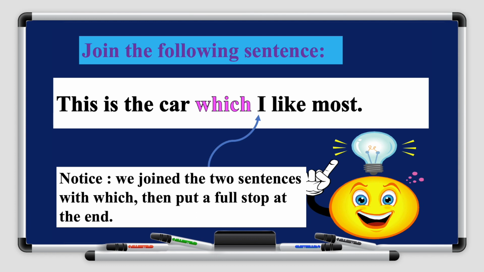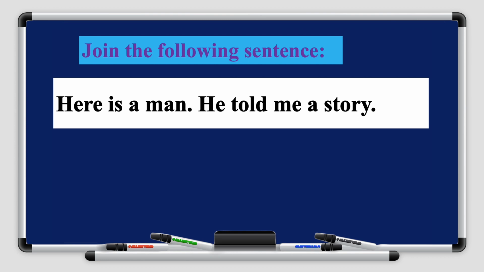This is another example. Here is a man. Full stop. He told me a story. Join the following sentences. First, we're going to remove the full stop in the middle. We're going to use a relative pronoun. Here is the man who told me the story.